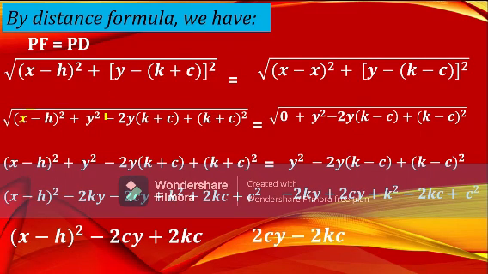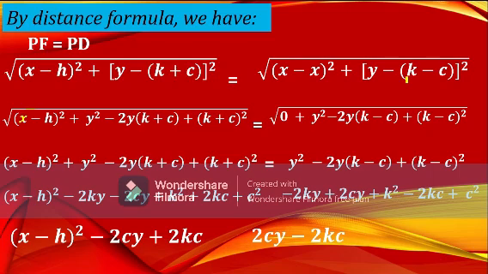Square the first term, you have y squared. Then twice the product of the first and the second term, that is 2y times k plus c, plus square the last term, you have k plus c quantity squared, is equal to the square root of x minus x, which is 0. You write 0. The same procedure.